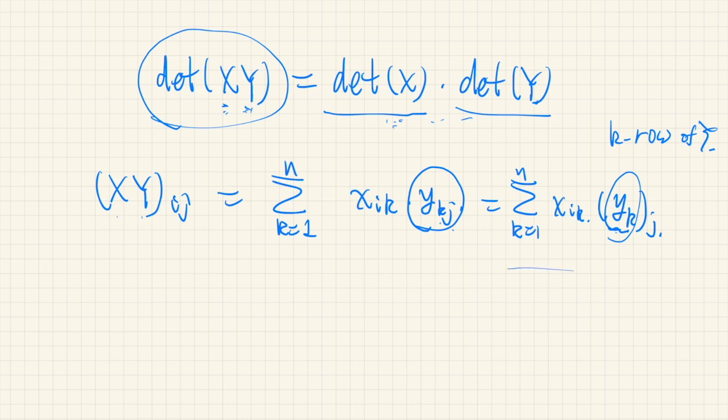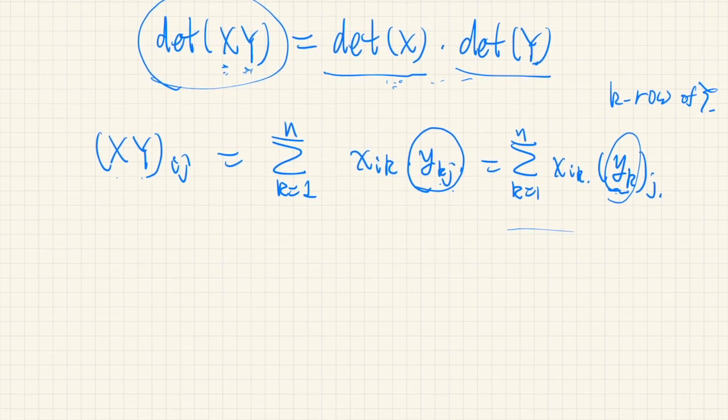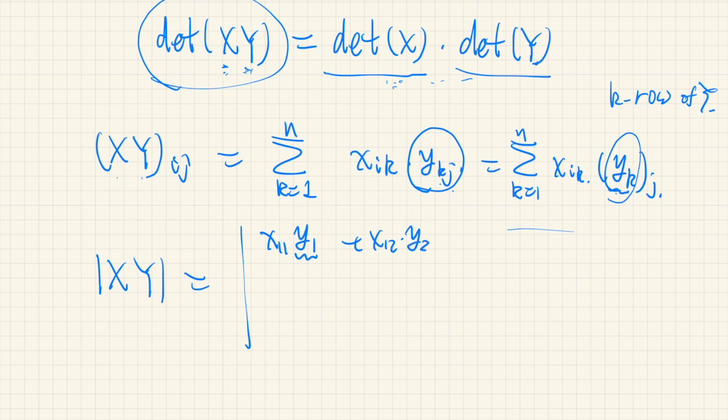Because of this, the determinant of xy can be written as this: x11 and y1, the first row, and x12 and y2, the second row, and x1n and the nth row of y, and so on. Then x21 y1, x22 y2.